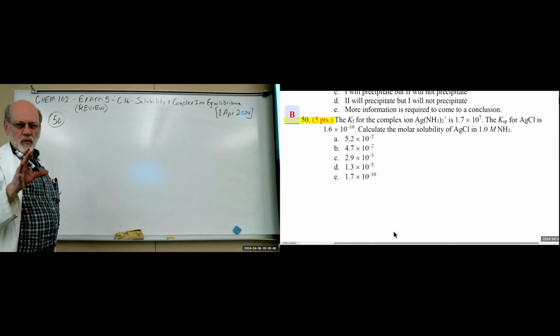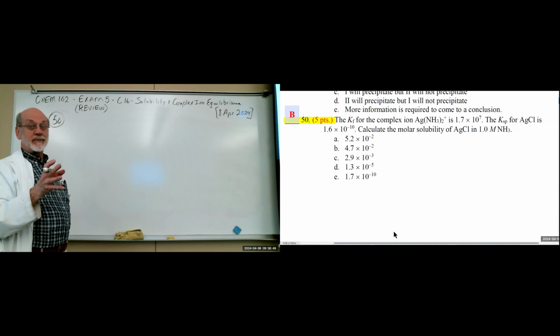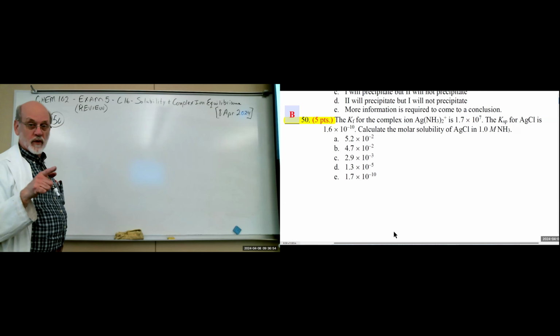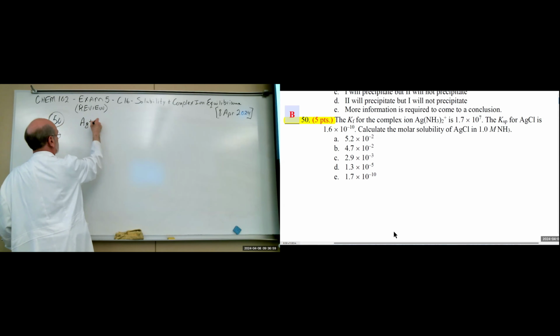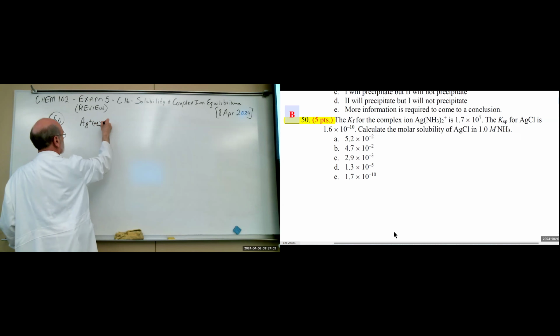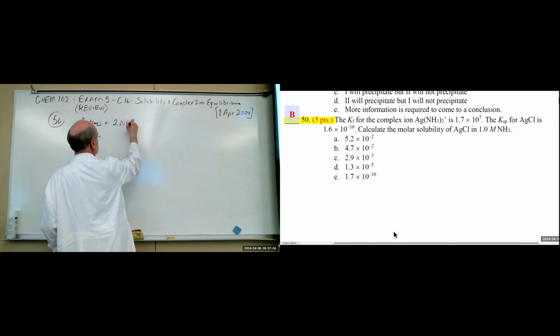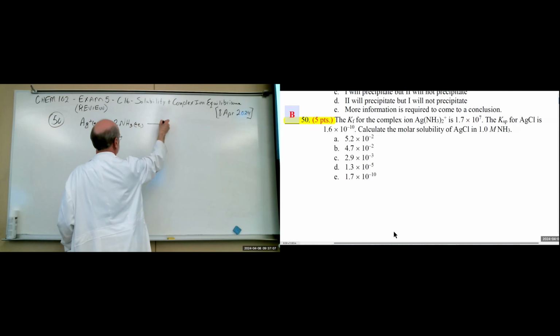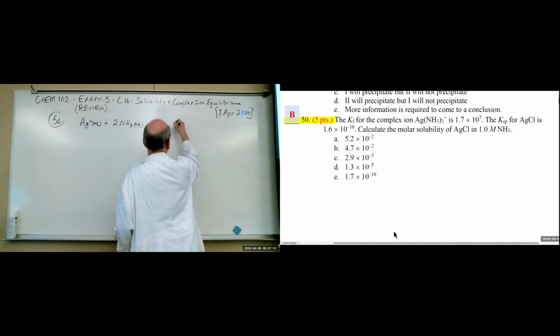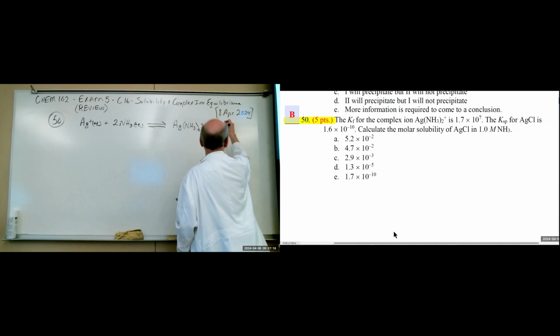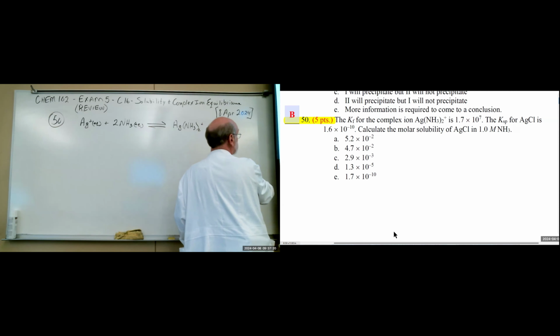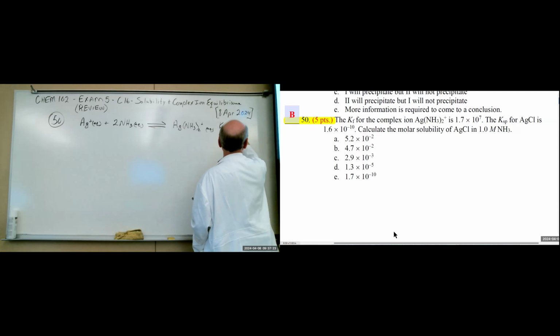So we've got 2 reactions going on here at the same time in that solution. So we can combine these 2 equations. One of them for the complex ion: silver plus 2 ammonias is in equilibrium with this complex ion, and the KF is equal to 1.7 times 10 to the 7.